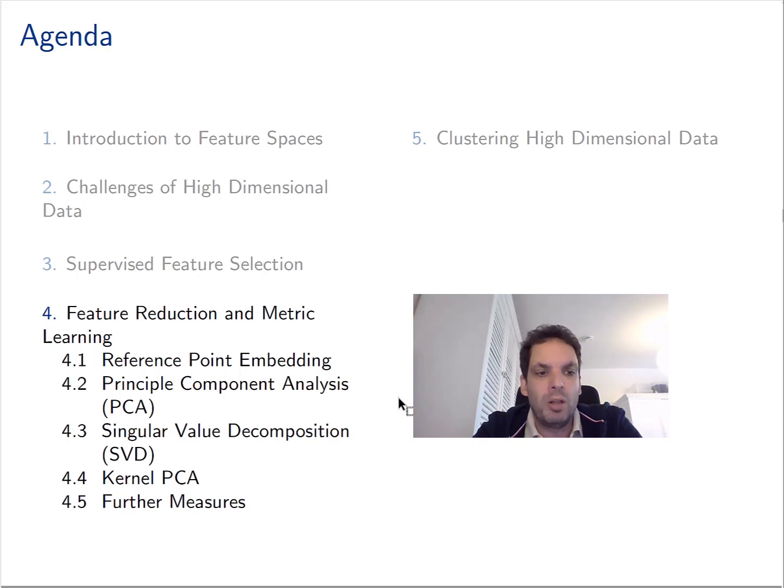And we also talk a little bit about further measures very briefly, because this field of feature reduction is very, very large, and this is just a snapshot here on hopefully one of the most important, or at least most well-known things. Once again, all of those things are sometimes supervised or unsupervised, but in any case, again, they have some specific assumption, and you have to be clear about the assumption.